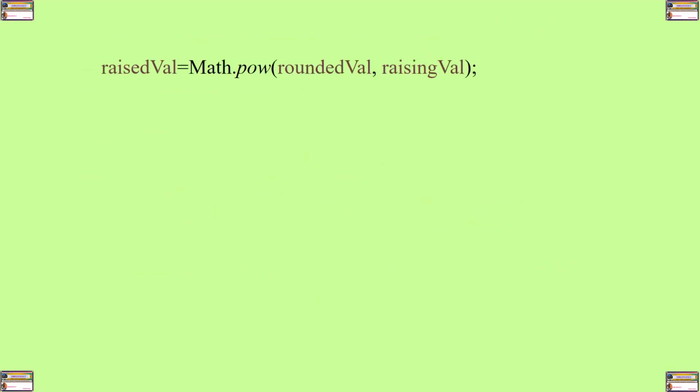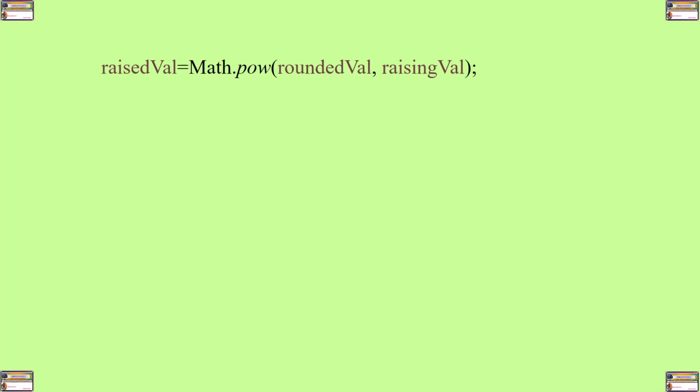Once we have a value that we want to raise our value to, stored in the memory location called raisingVal, then we can use the method pow as follows. Math.pow, then we enclose in the parentheses the value that we want to raise and the power we want to raise it with.